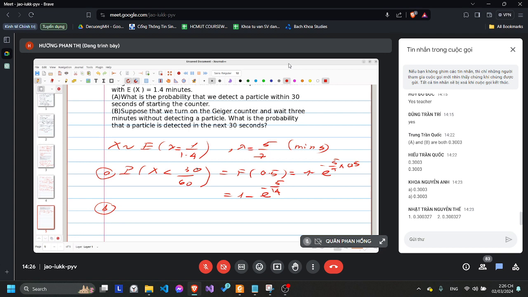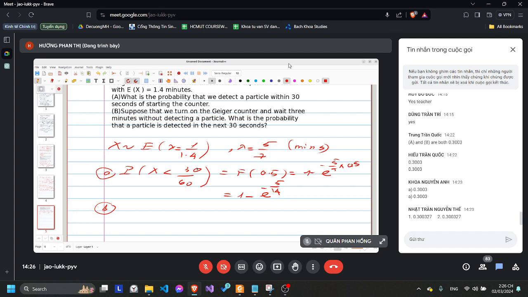It means that we know within the first 3 minutes there are no detections. Of course, there is no particle found within these 3 minutes.